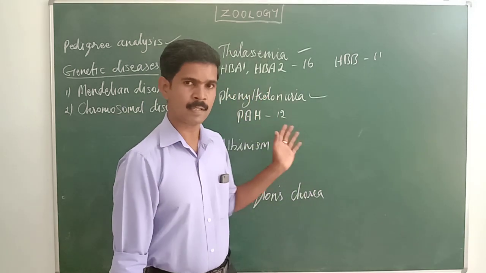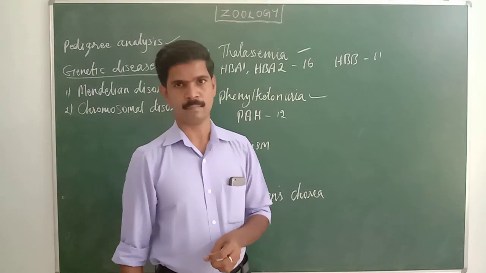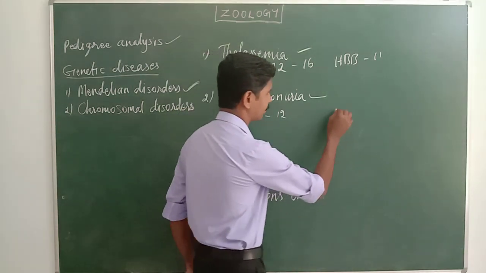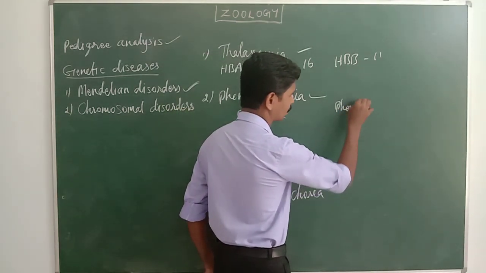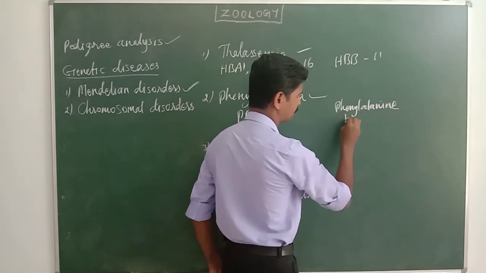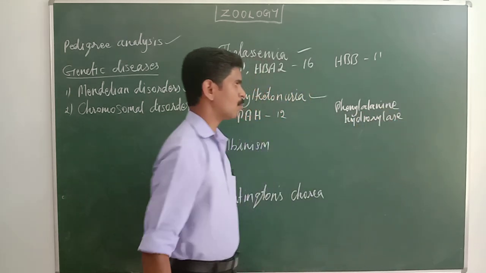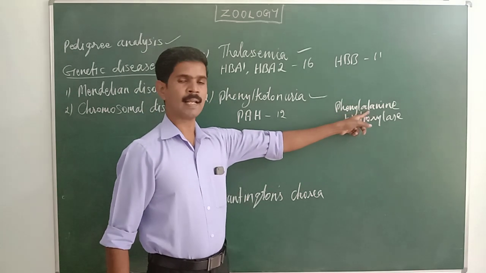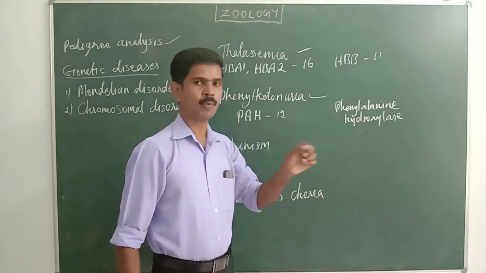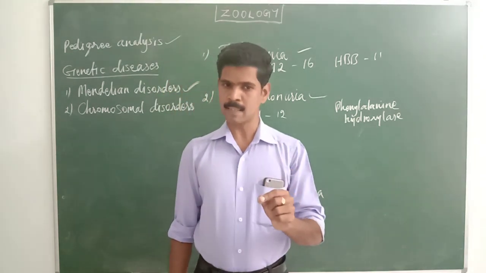Listen to this disease very carefully, dear students. See, actually there is one enzyme, and the name of the enzyme is phenylalanine hydroxylase. This enzyme does a very important function in our body cells.